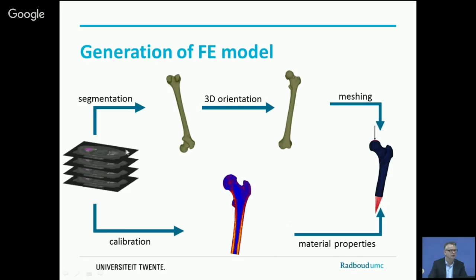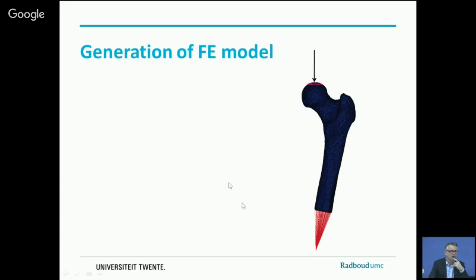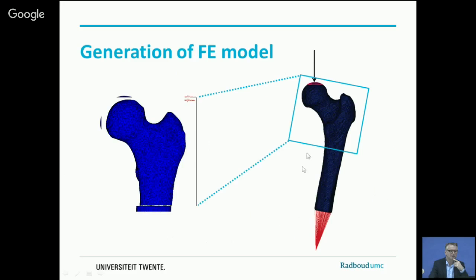Okay, so if there is a big hole in the bone because of a metastatic lesion, the CT scans will pick it up, and it will also be picked up in the material properties, because locally the bone density will be very low, and we will simulate a hole in the bone. Okay, so this is then that bone model, and we can simulate a fracture like here.